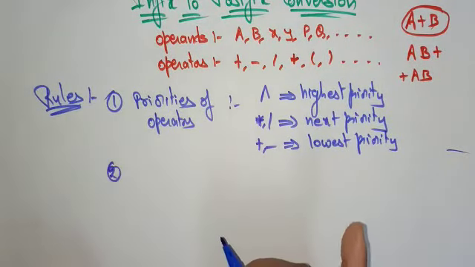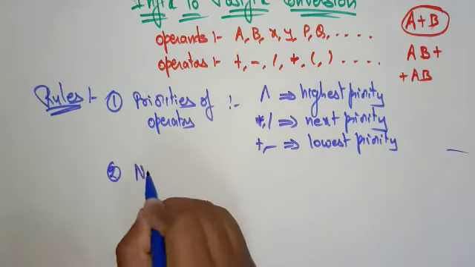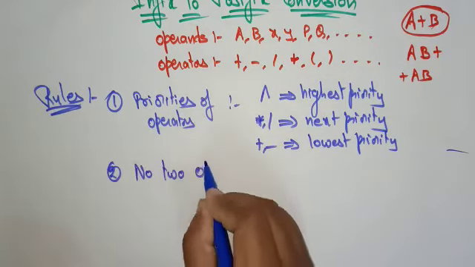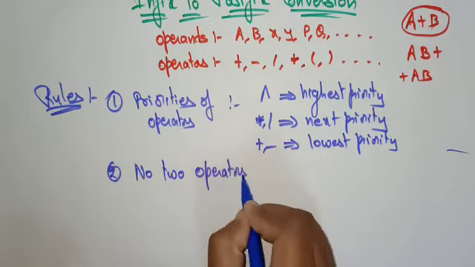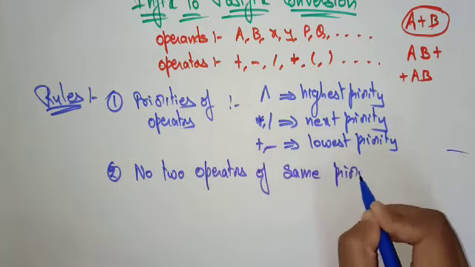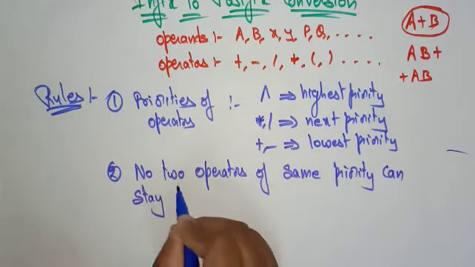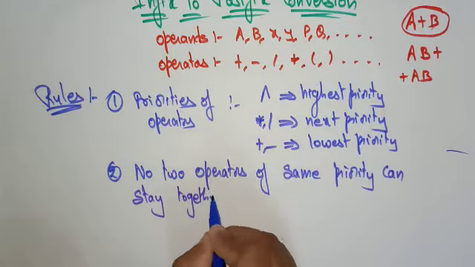The second rule in infix to postfix is that no two operators of the same priority can stay together in a stack column.